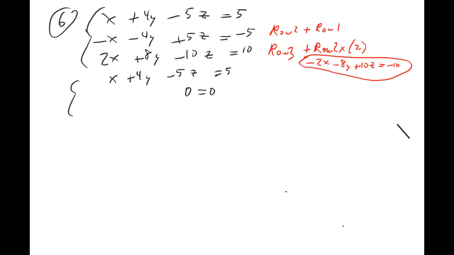Now, if I do row 3 plus row 2 times 2, then I'll end up with 2x plus negative 2x, that's nothing. 8y plus negative 8y, that's nothing. And then 10z plus negative 10z, that's nothing. And then 10 plus negative 10, that's just 0 equals 0. So what this means is z could equal anything.